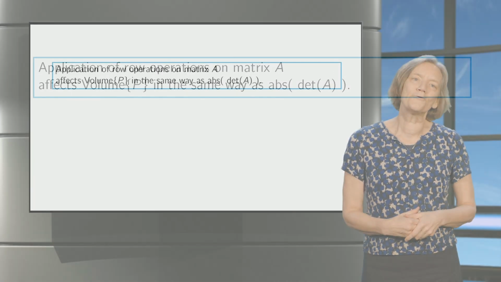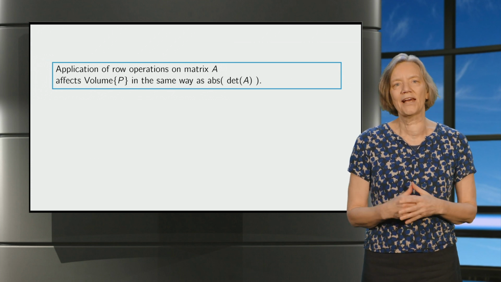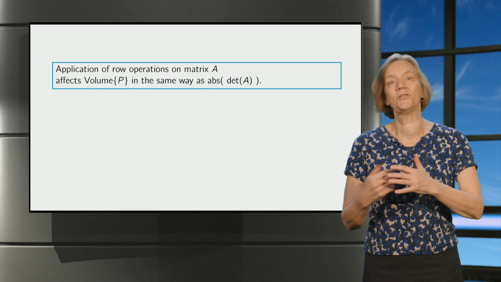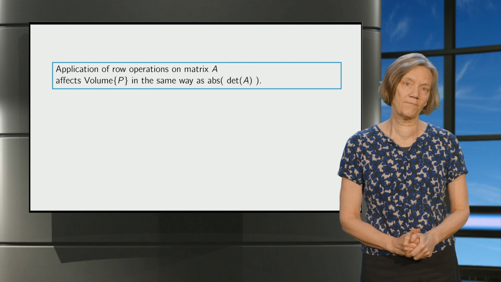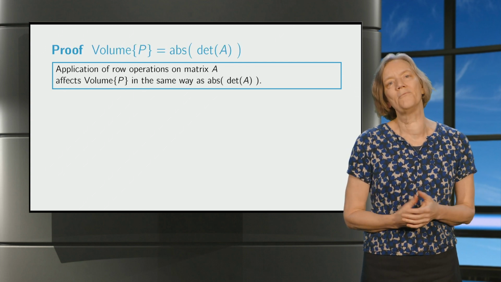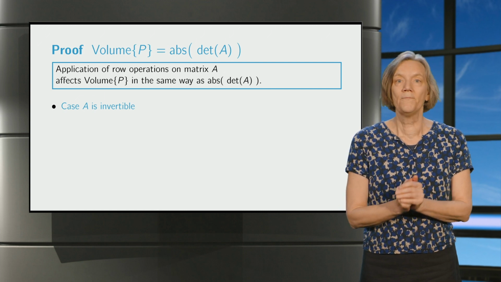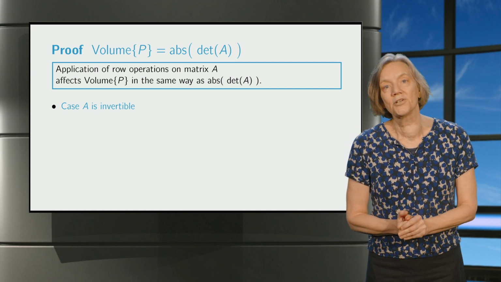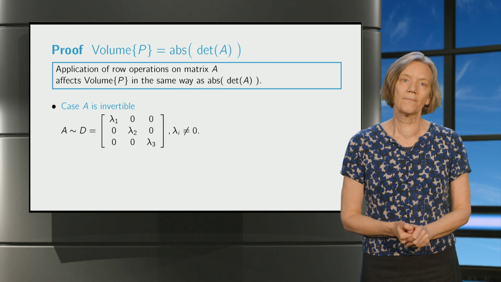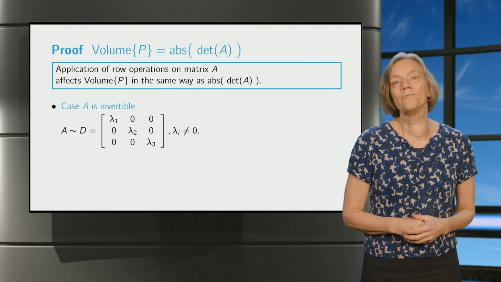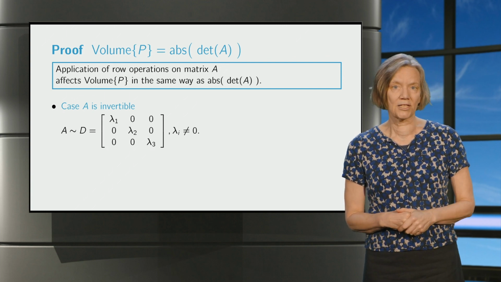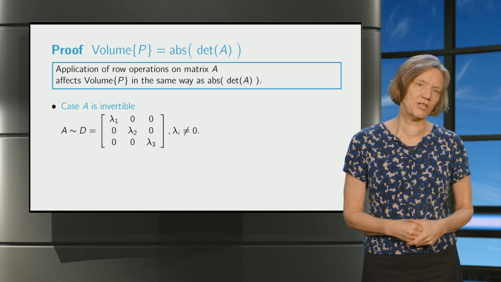We have seen that the 3 row operations have the same effects on the volume and on the absolute value of the determinant. Now we can prove the formula for the theorem. There are 2 cases. The first is the case that matrix A is invertible. Then A can be row reduced to a diagonal matrix D where all diagonal elements are non-zero.